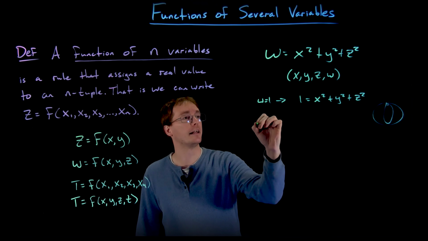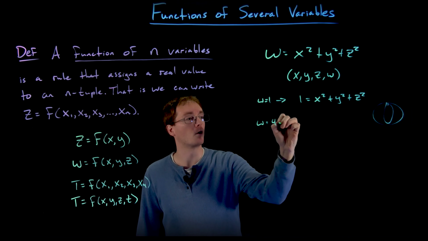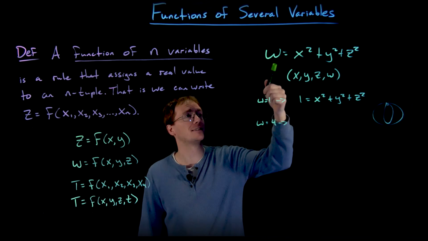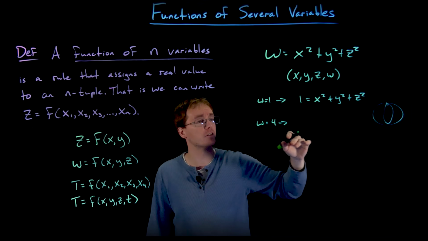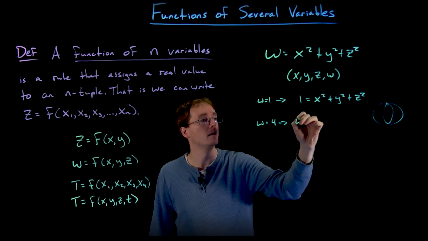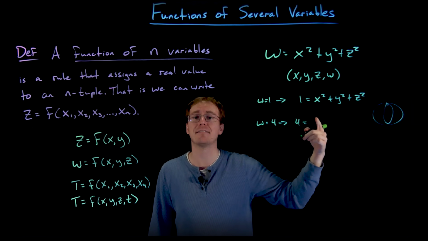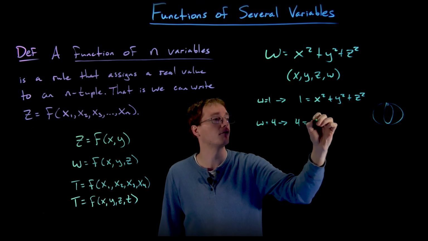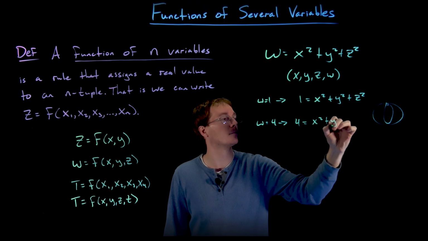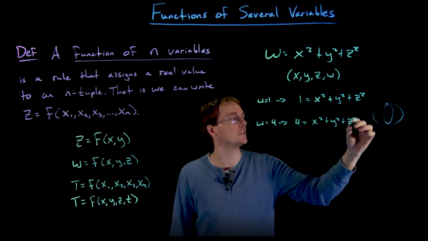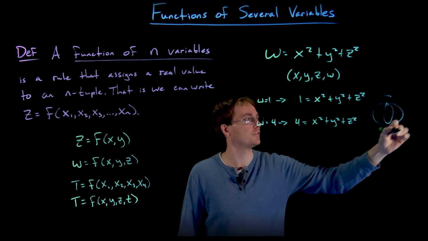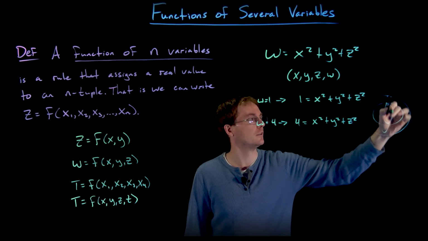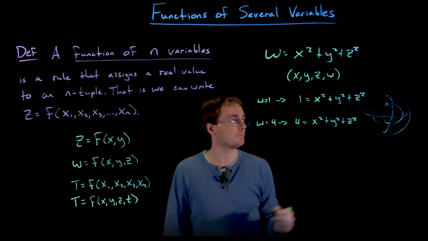We could set w equal to 4 or some other constant value. It wouldn't make sense to make it negative here because everything else is positive. If we set w equal to 4, we'd have another level surface, 4 equals x squared plus y squared plus z squared, which gives us a sphere of radius 2 centered at the origin.